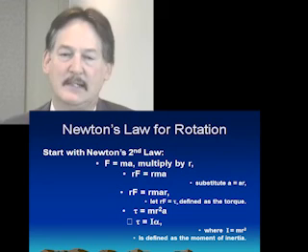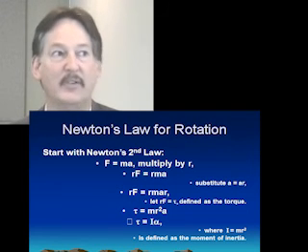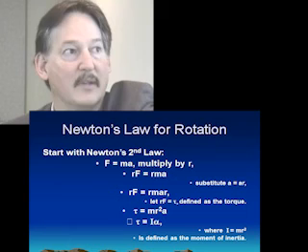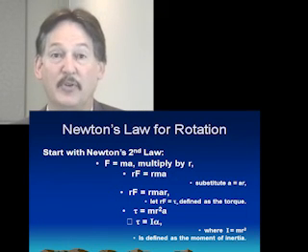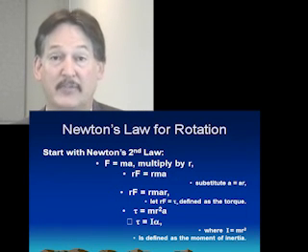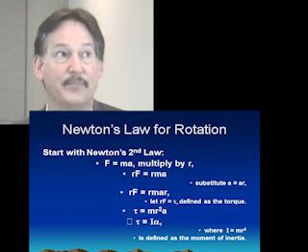We just got done defining a term r times F as the torque. And in this case, if we restrict ourselves to a force that is perpendicular to the lever arm r, then the sine of the angle theta will be sine of 90, and sine of 90 is 1.